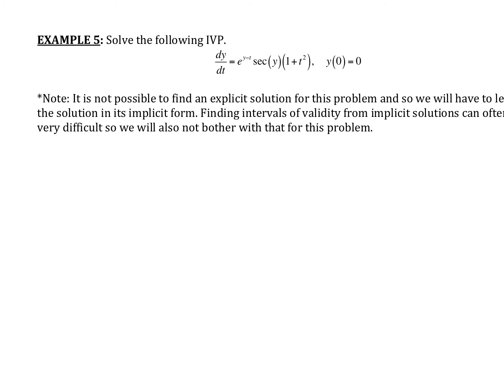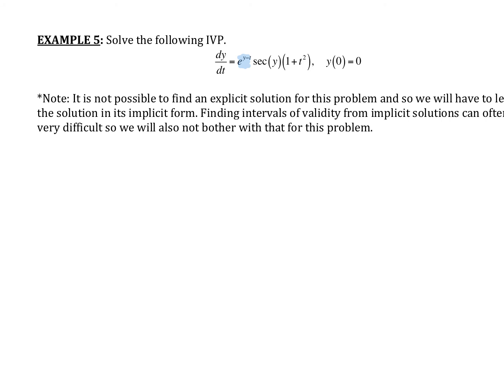All right. A couple of properties we need to remember before we can separate this, because this is separable. My two variables are y and t. This can be separated even though there is an e to the y minus t. You need to remember this property here.